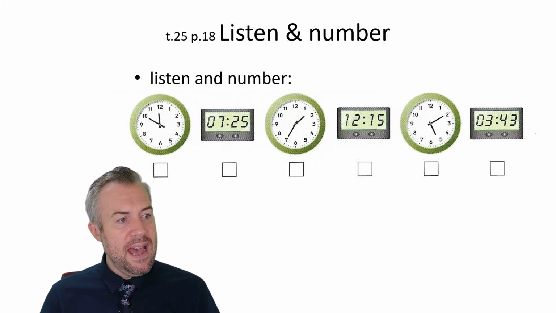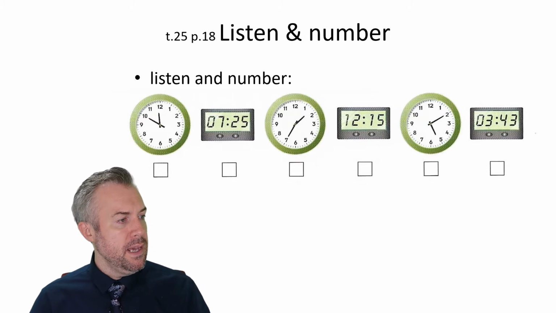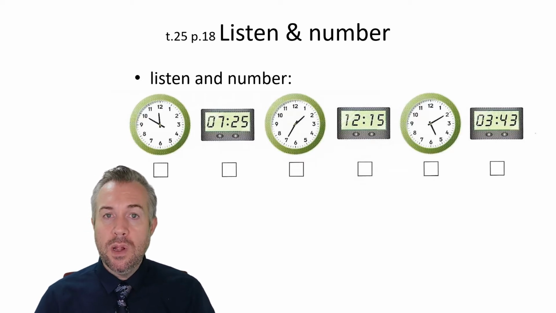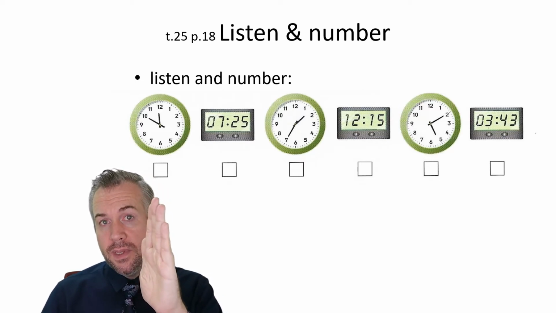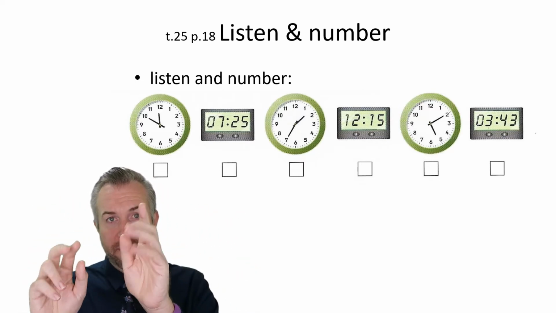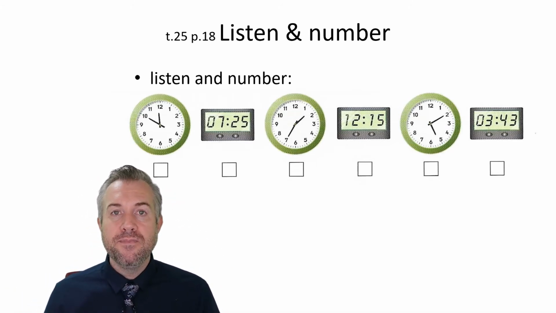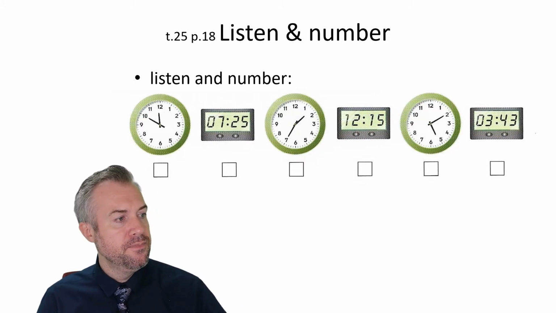So judging by that, the first analog clock must be 11:50. Yes, so it is almost 12 o'clock. The hour hand is almost touching 12, because the minute hand is at 50. It is 10 minutes to 12 o'clock. So it is 11:50.